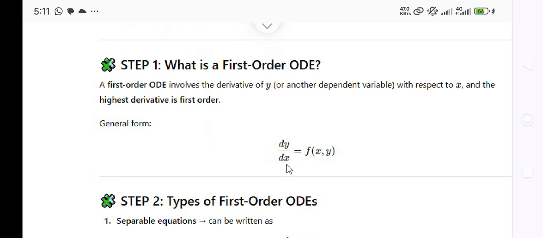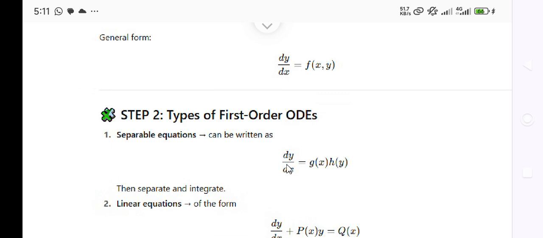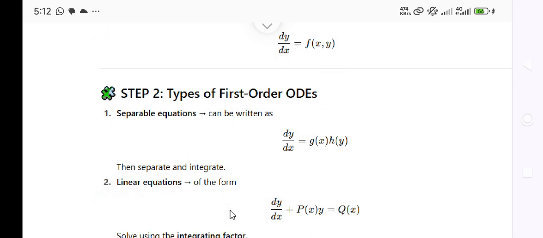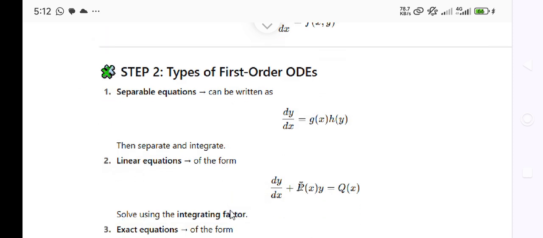Now, we have types of ODE. We have the separable ODE, in this form, where you can easily separate your x function from your y function. Then we have the linear equations, where you have plus or minus sign in the function. Not necessarily plus or minus sign, but you cannot really separate it as this one, because even within this function g and h, you can also have plus and minus and it can be separated.